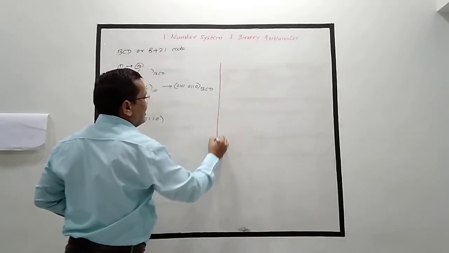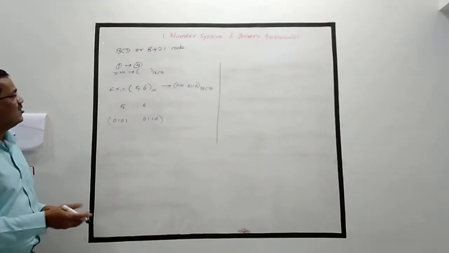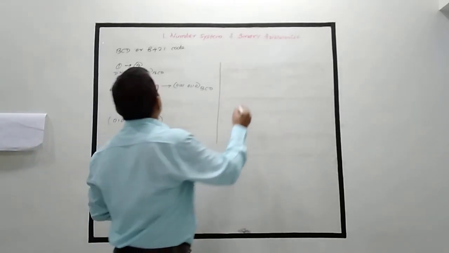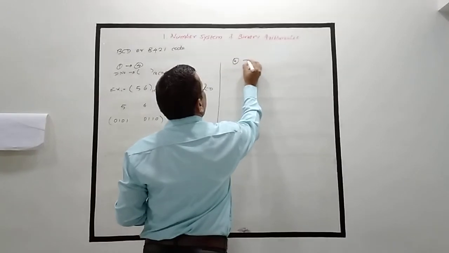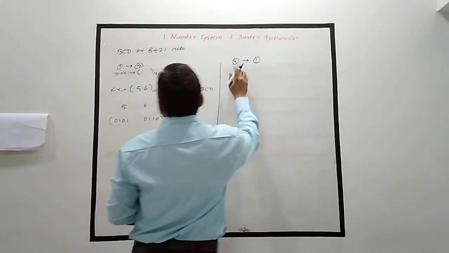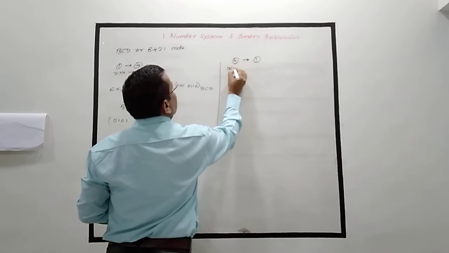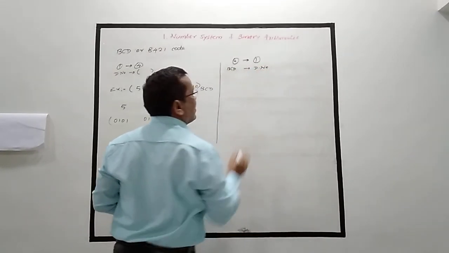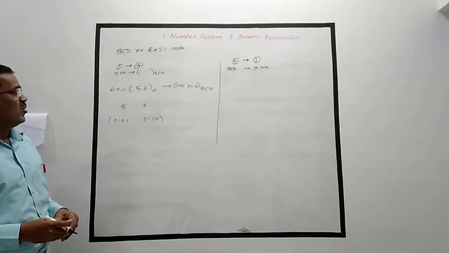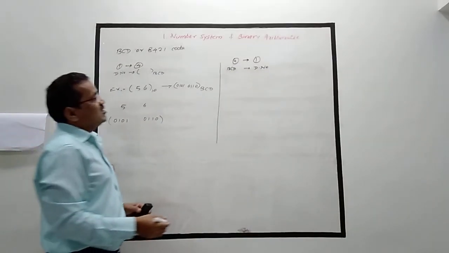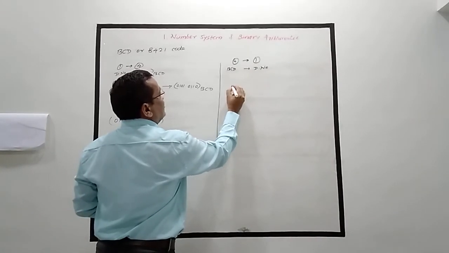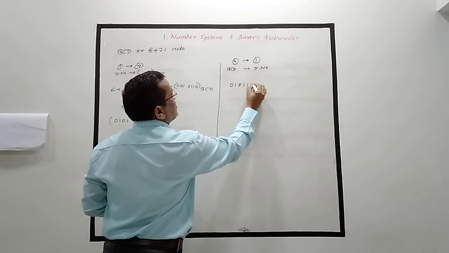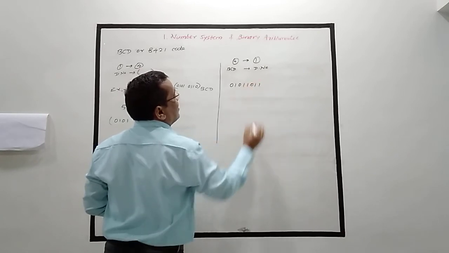Another conversion is the reverse, BCD to decimal conversion. Binary coded decimal, suppose a chain of numbers 0101 1001.